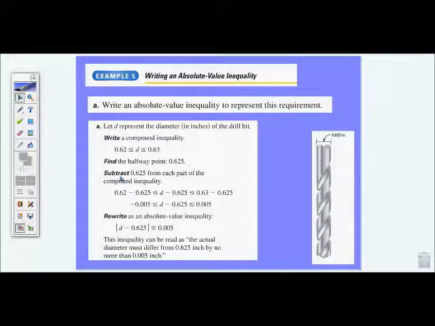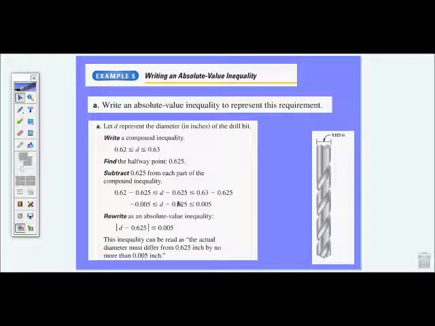After we found the halfway point, we want to subtract that halfway point from each part of the compound inequality, right? So we do the 0.62 minus 0.625. That needs to be less than or equal to the diameter minus the 0.625. And that needs to be less than or equal to the 0.63, the biggest it can be, minus 0.625, that halfway point again.